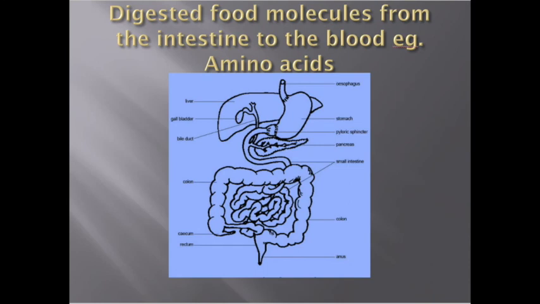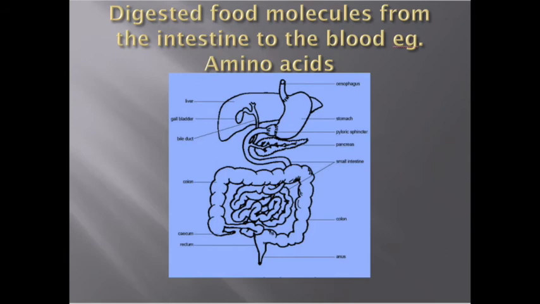Let's also look at examples of diffusion in animals. The first example of diffusion in animals is digested food molecules from the intestine to the blood, for example, amino acids. Large food substances are broken down into simple, soluble, and absorbable forms.